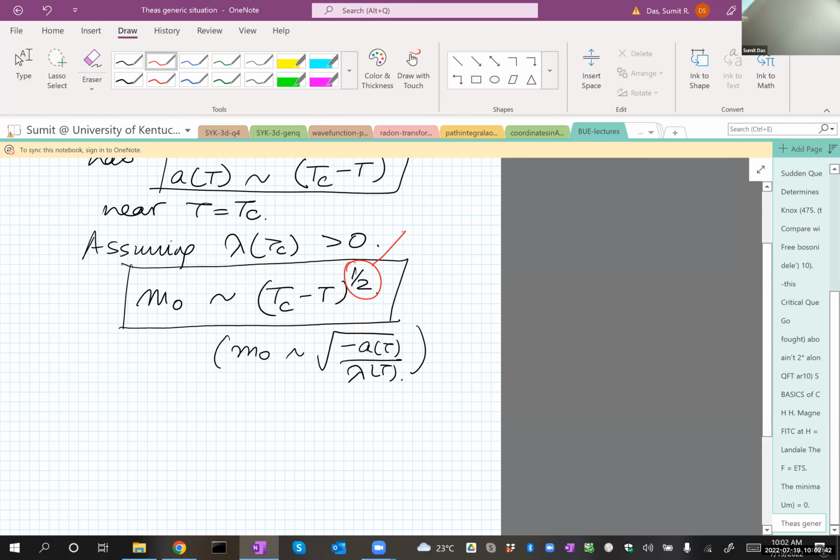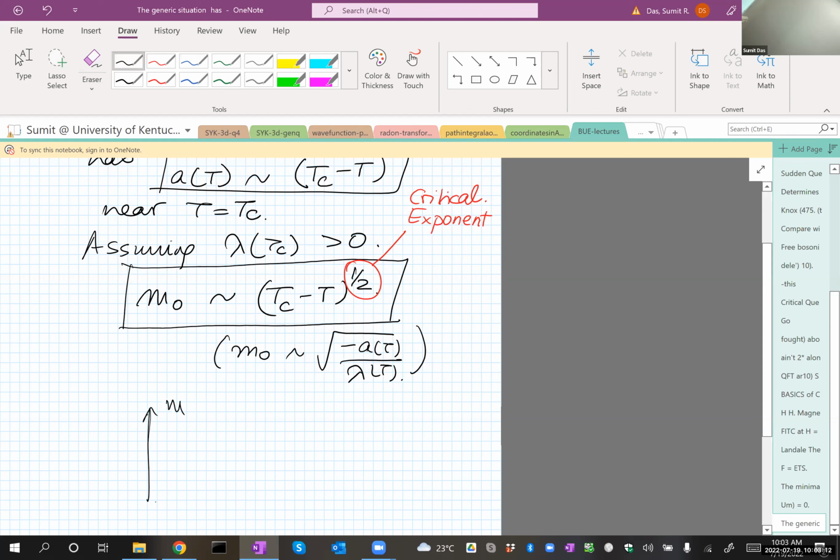This number is an example of what is called an exponent, a critical exponent. And the transition which happens at T equal to Tc is called a critical transition or a continuous transition, because the magnetization goes to 0 continuously as T approaches Tc.